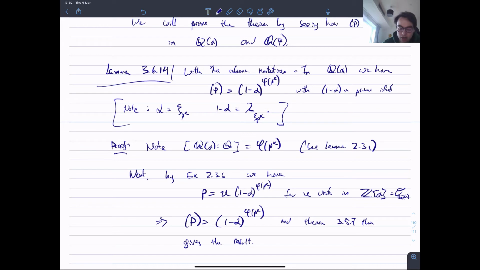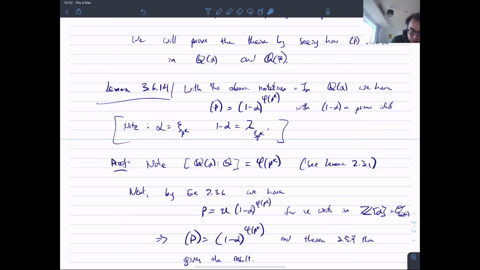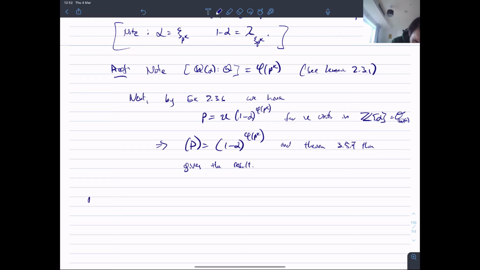Okay, so we somehow understand how the ideal (p) factors in this field, Q(alpha). Now I want to do the same thing for Q(beta). So here's the other lemma, 3.6.15.